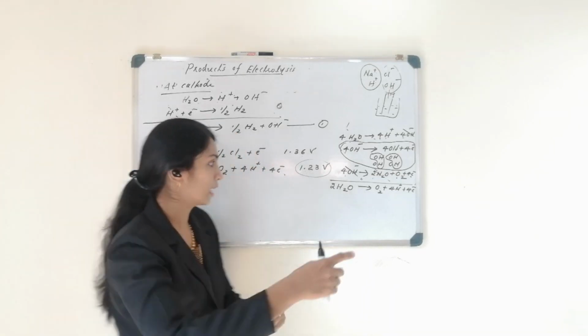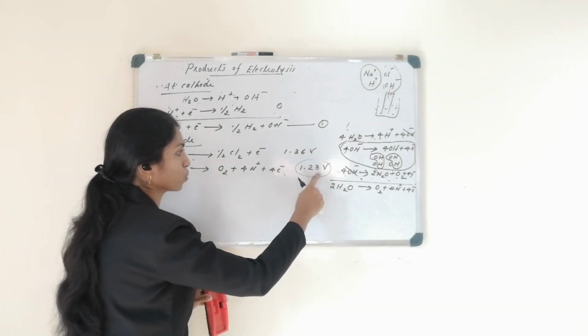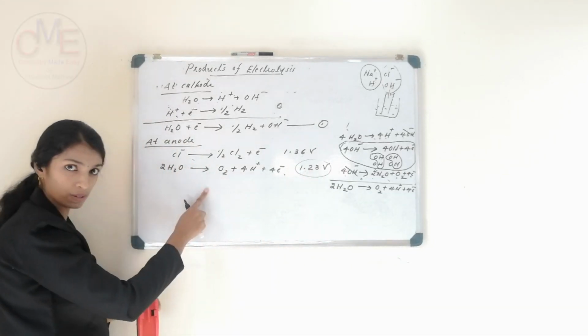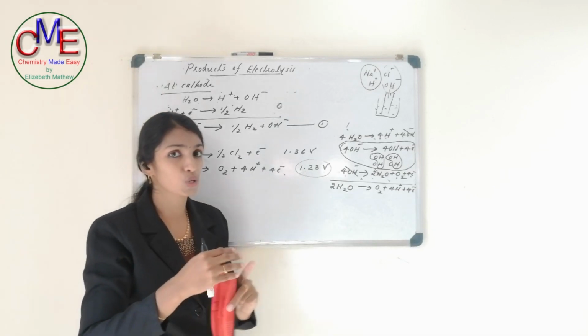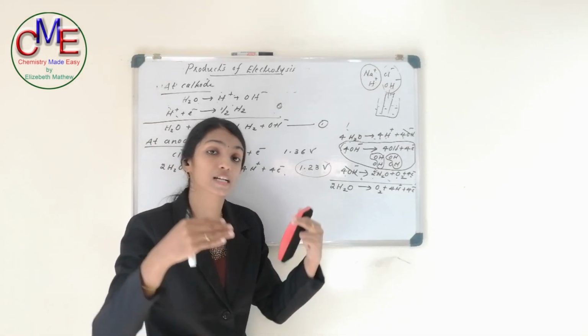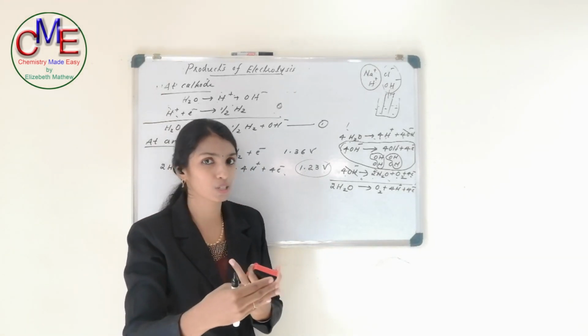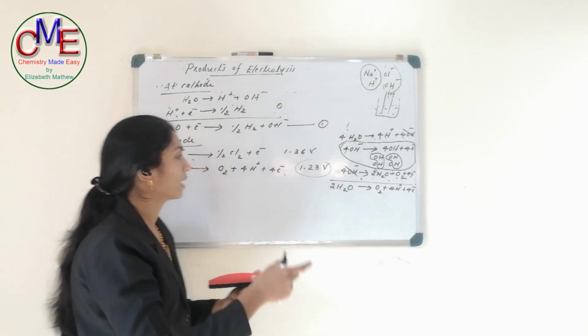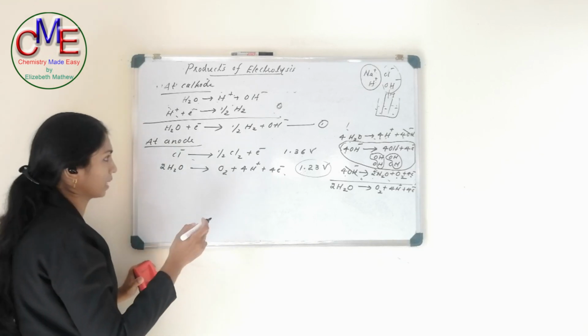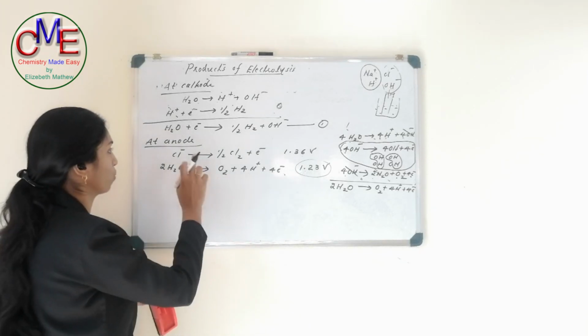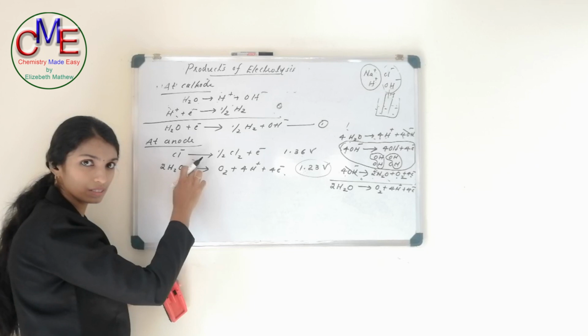Here, if you provide 1.23 volt, this reaction occurs. This reaction is feasible, but it occurs very slowly. So this reaction requires an overpotential to take place. So here the chemical reaction that occurs at the anode is this one.